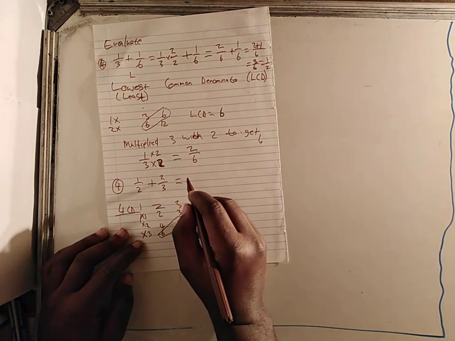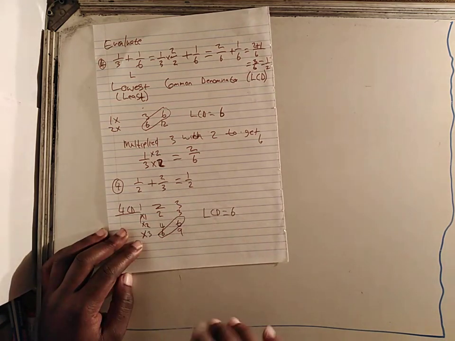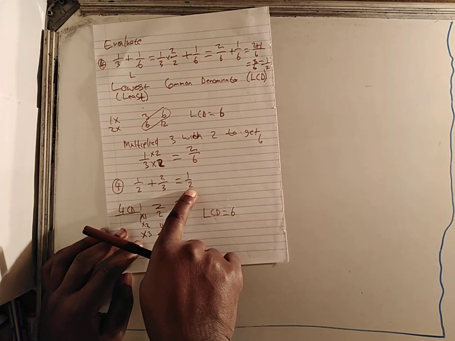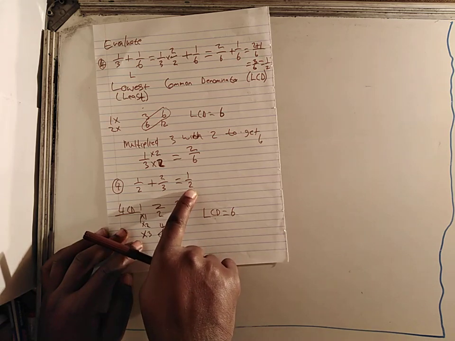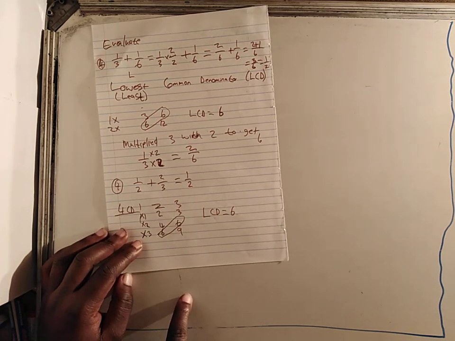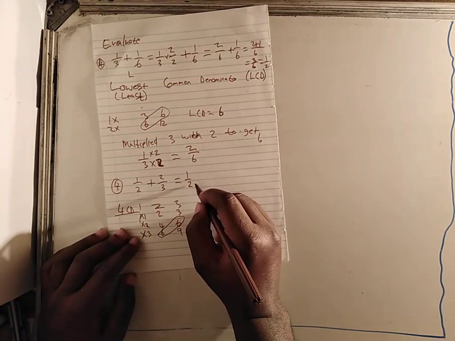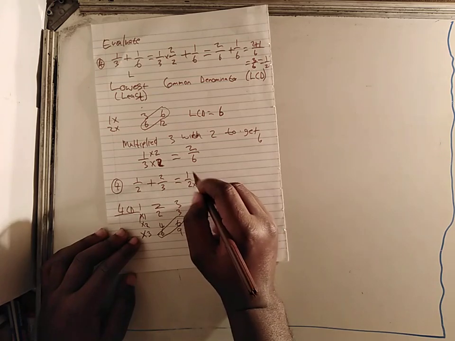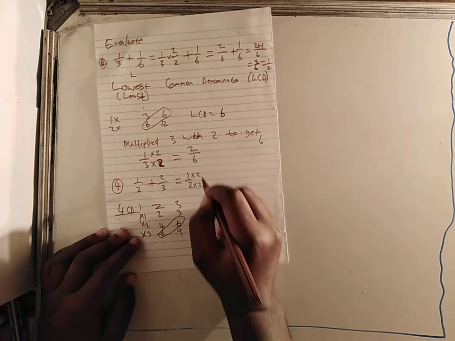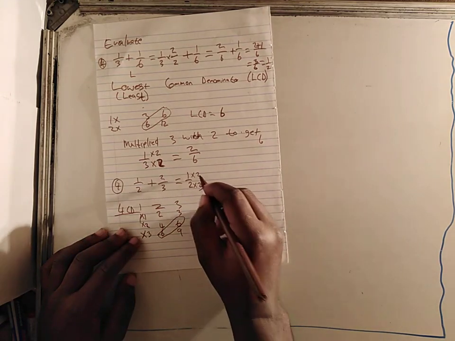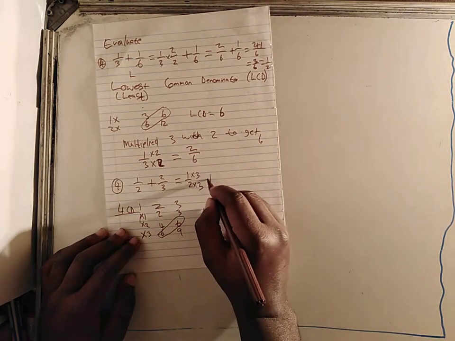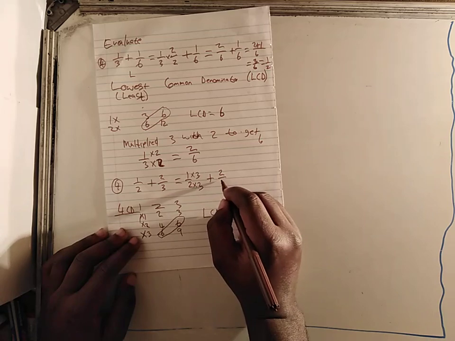You've got 1 over 2. How do I make 2 equal to 6? I must multiply by 3. Because I did this here, I must do it at the top as well, times 3. Then plus 2 over 3.